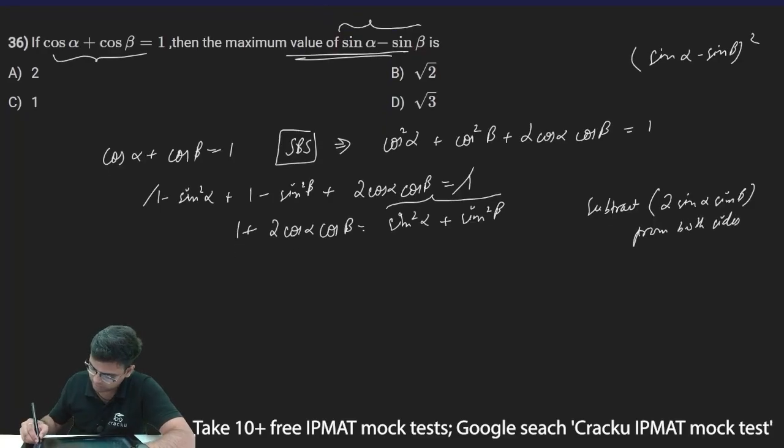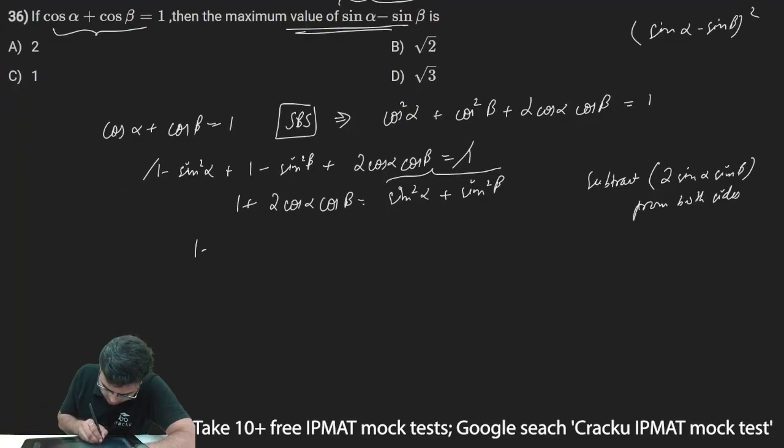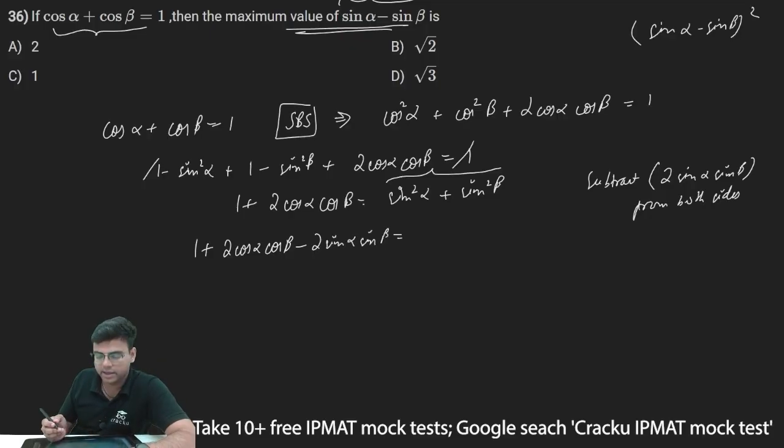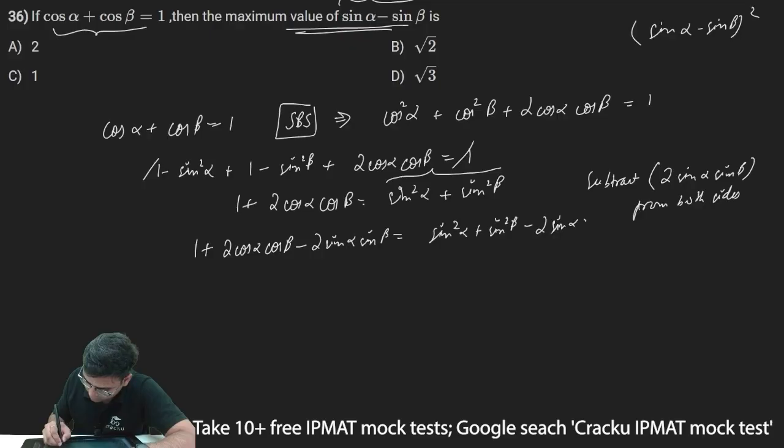So this will become 1 plus 2 cos alpha cos beta minus 2 sin alpha sin beta should be equal to sin square alpha plus sin square beta minus 2 sin alpha sin beta.